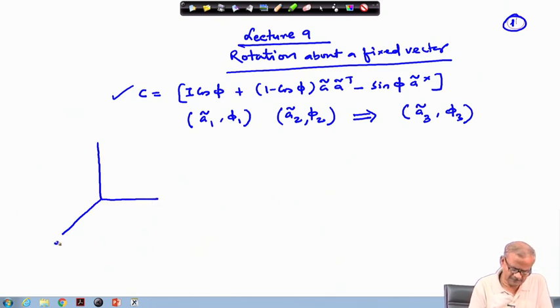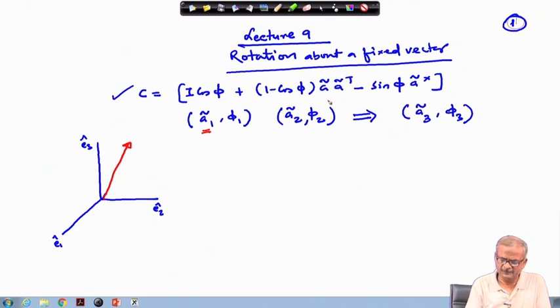So, say this is our E 1, E 2, E 3 cap, the basis vectors, and this is the vector A tilde. Okay. A tilde is a unit vector, remember. So, the magnitude I am showing in general like this, but it has to be taken as unit magnitude, and the direction will depend on what kind of rotation you have given.